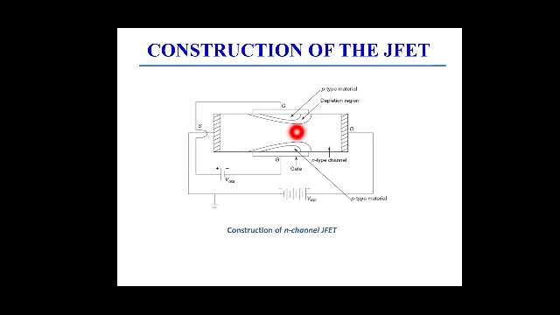On either side of this channel, on this semiconductor bar, you will dope with trivalent impurities. Whenever you are doping with a trivalent impurity, you are creating a p-type material.